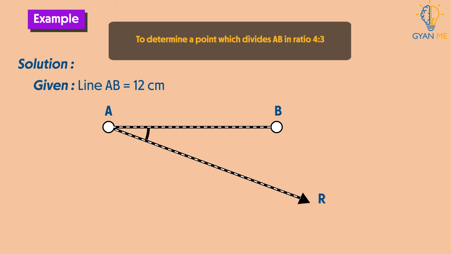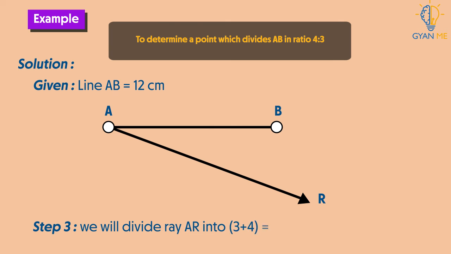As we want to divide the line segment in the ratio 4:3, we will divide the ray AR into 4 plus 3, which is equal to 7 equal segments.